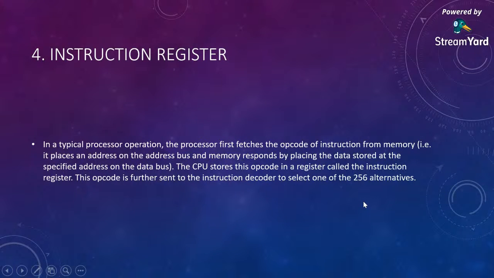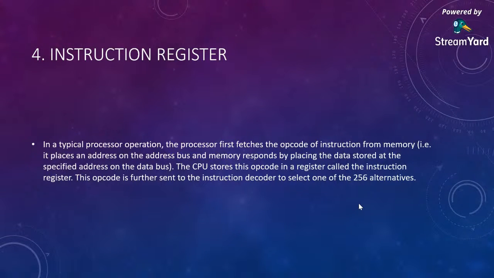So we finally come to the instruction register. In a typical microprocessor operation, the processor first fetches the opcode of an instruction from memory.